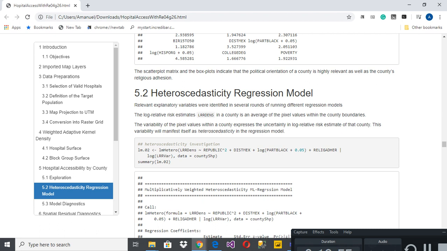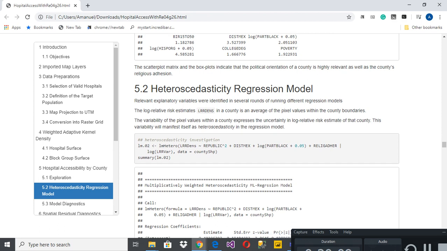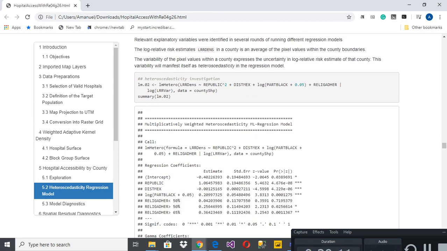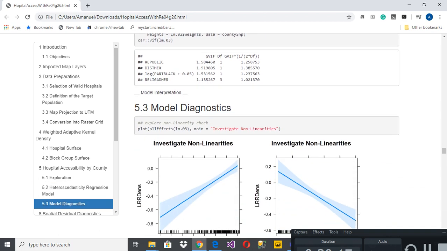The heteroskedasticity regression model shows that the variability of the pixel values within a county expresses the uncertainty in the log relative risk estimate of that county. So this variability will manifest itself as heteroskedasticity in the regression model.